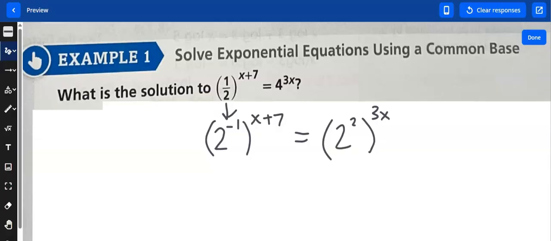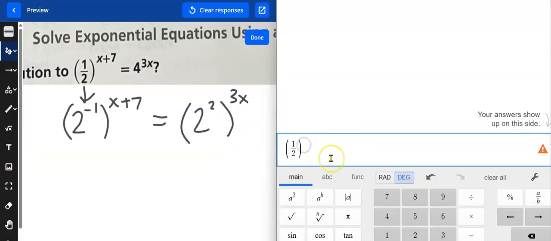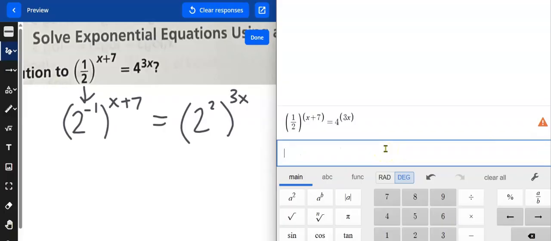You know, you could, let's see here. Let me split my screen. Suppose I was trying to do some of this algebra and copy and paste it over to Magic School AI.